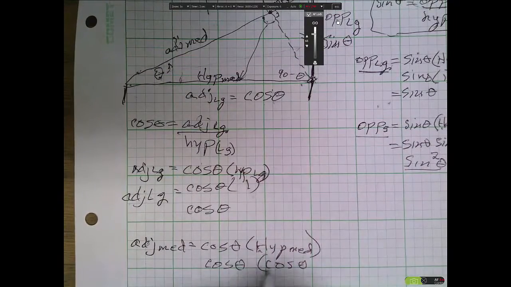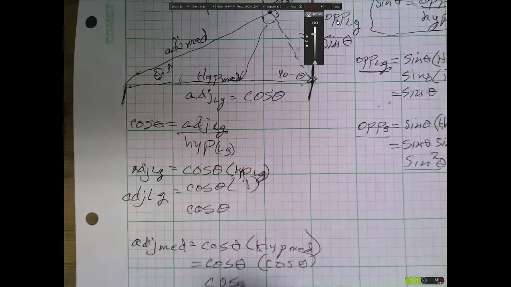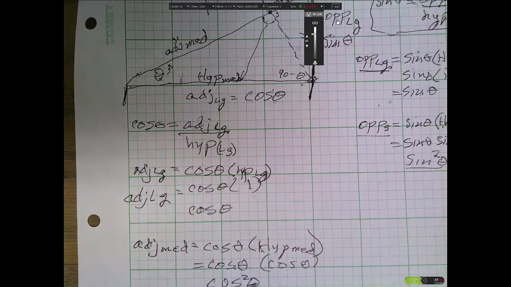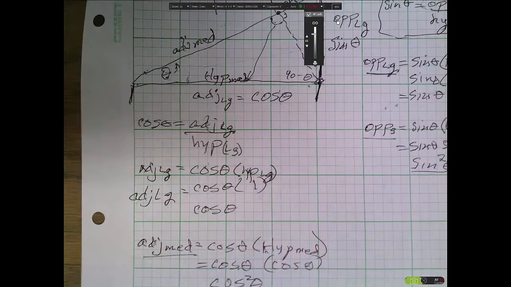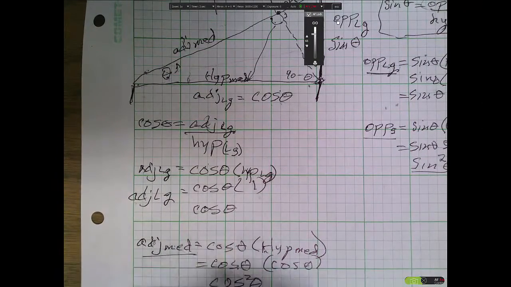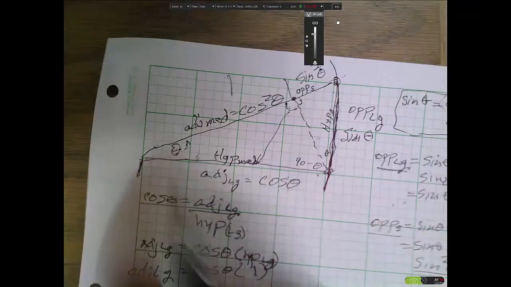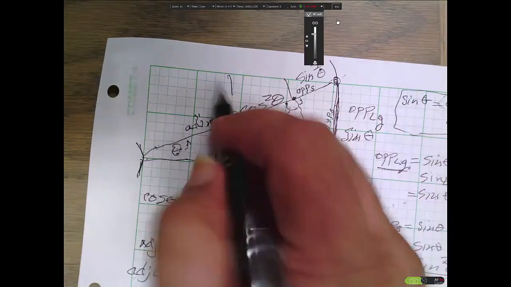So we've just substituted in. You can see now that when you multiply cosine times cosine, you get cosine of theta quantity squared. So this symbolism and this symbolism being the same, we can substitute either one of these for that value. That's the reason why I can write cosine squared theta. So here you see why cosine squared theta plus sine squared theta equals 1.